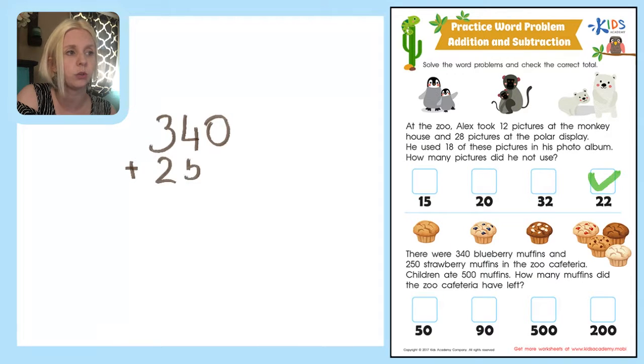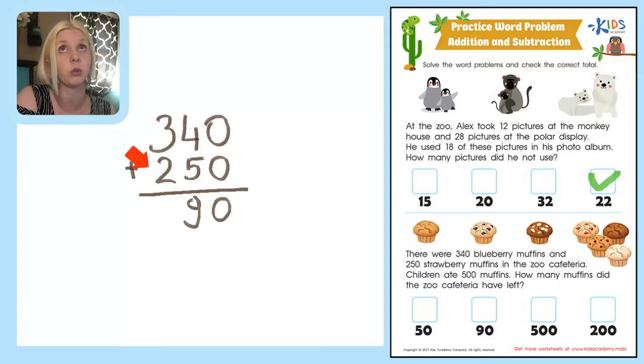We're going to add those up. So 0 plus 0, well, that's easy, that's 0. And then 5 plus 4, 5, 6, 7, 8, 9, okay, so 9. And then 3 plus 2, so 3, 4, 5, okay? So my total number of muffins that the cafeteria made was 590 muffins.